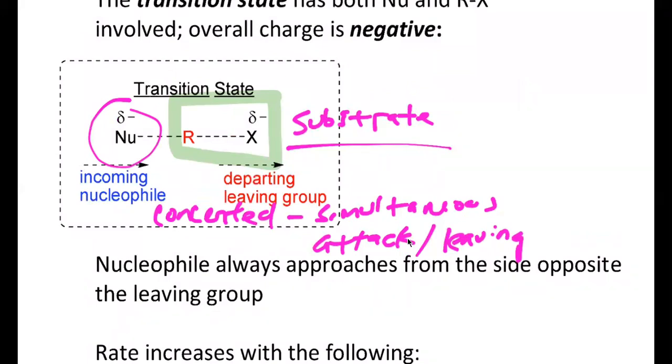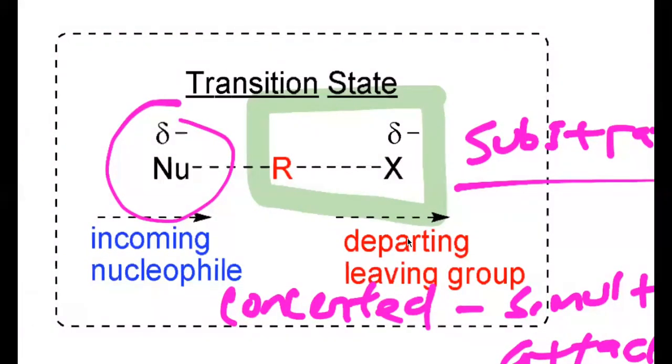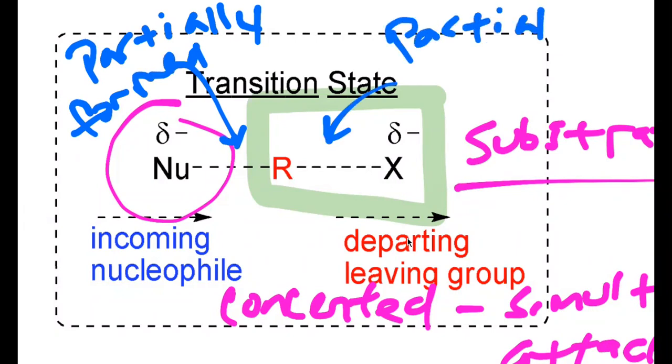You have a partially formed bond between the nucleophile and the substrate. Let me change colors right quick. And you have a partially broken bond between the substrate and the leaving group.